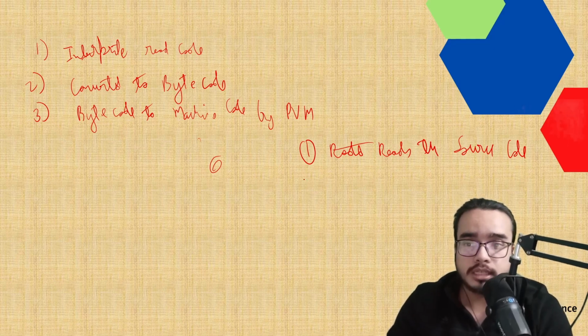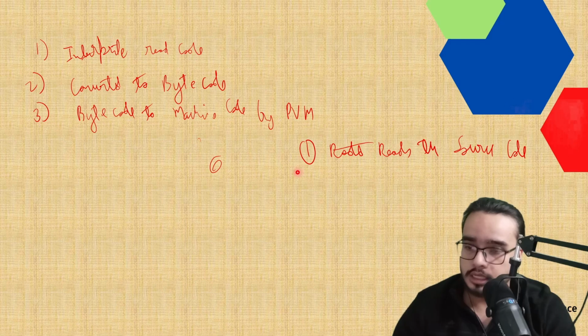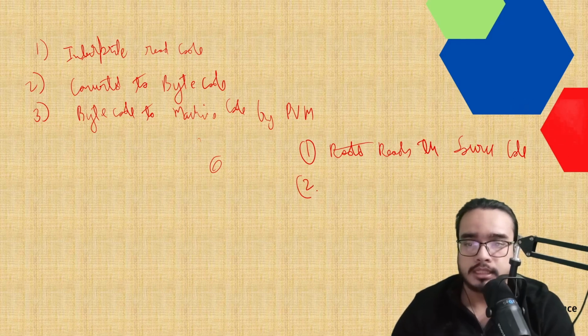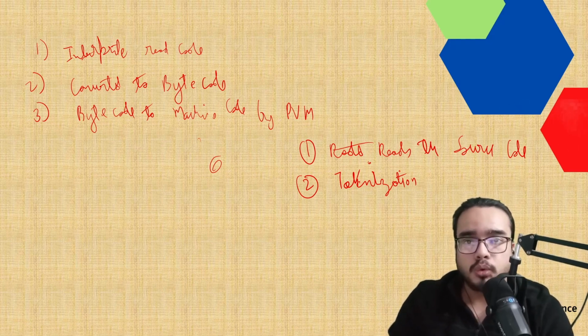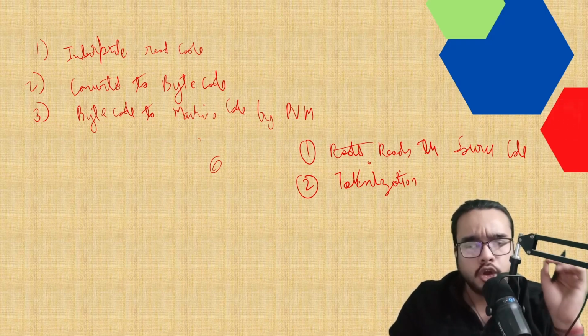Then step 2 is tokenization. Tokenization will split your code into keywords, identifiers, literals, and operators.